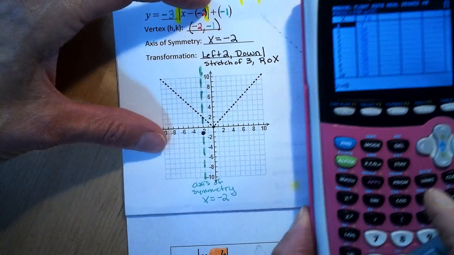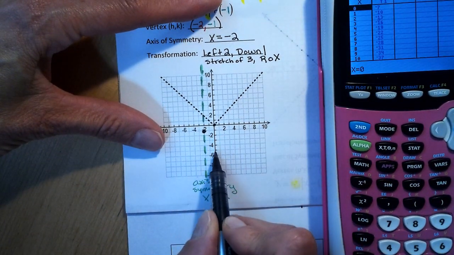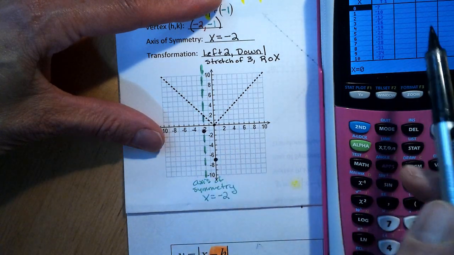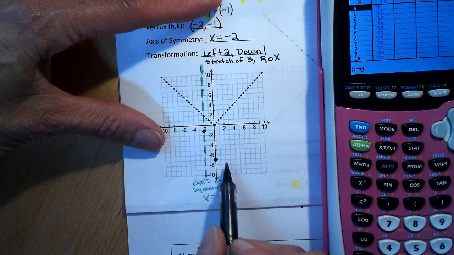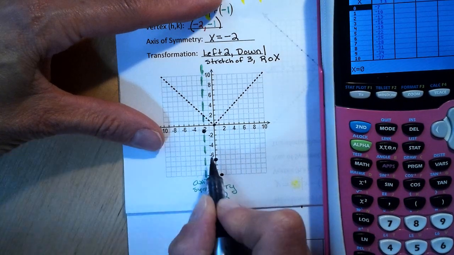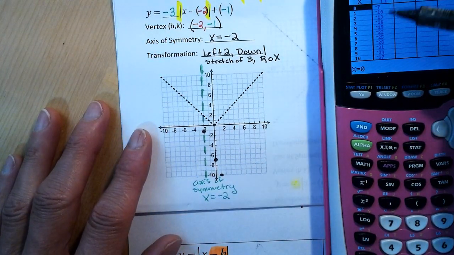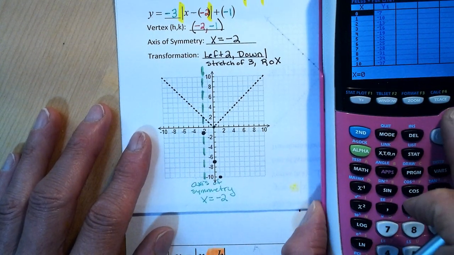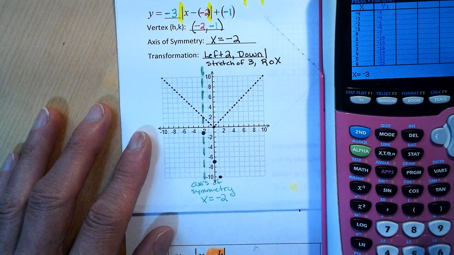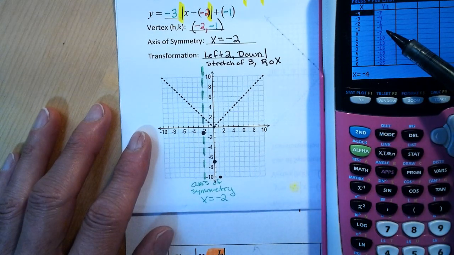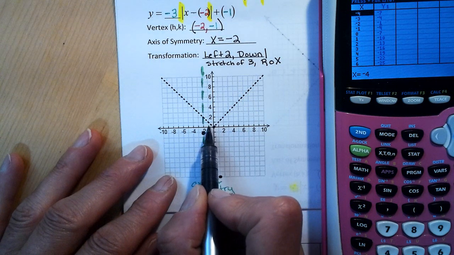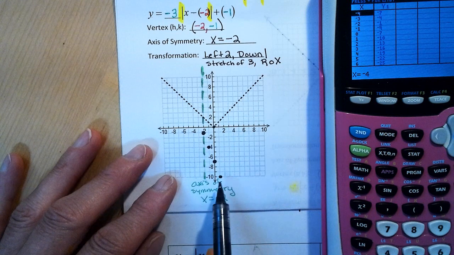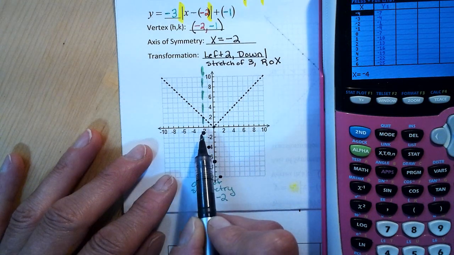So at 0, I have -7. Then at 1, I have -10. I can't go anymore because at 2, I have -13 and I'm off the graph. So I'm going to go the other way. So let's look at -1, -4. Okay, notice how I went very nicely up to where my vertex is.